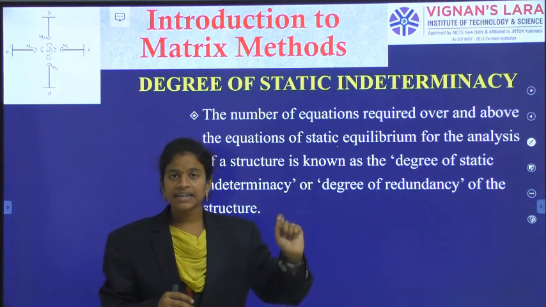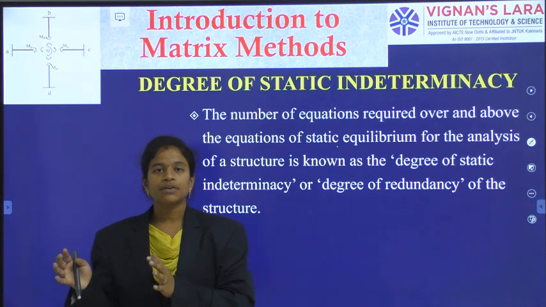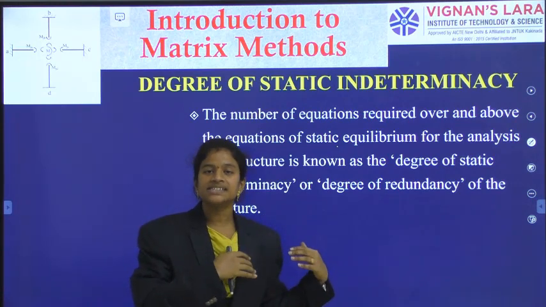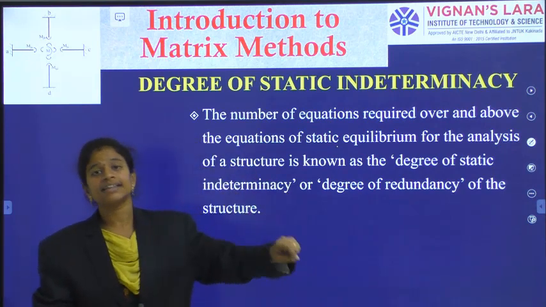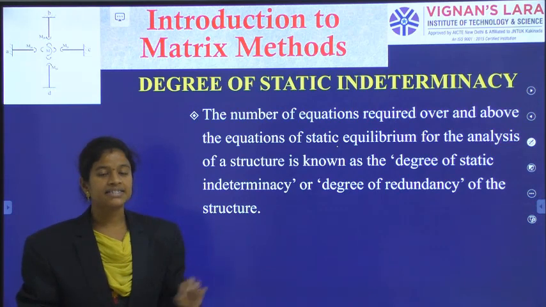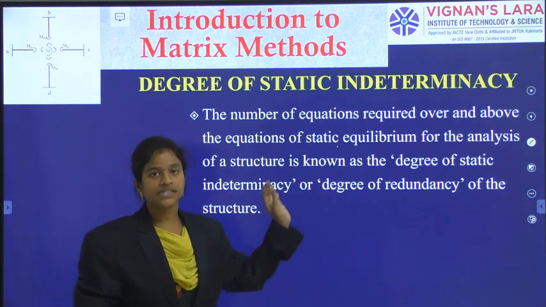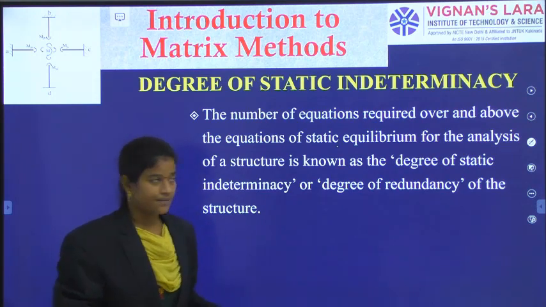So, for calculating each unknown, I need one equation. So, over the equilibrium equations, how many equations required? The number of equations required for calculating the unknowns over the equilibrium equations available can be called as static indeterminacy, degree of static indeterminacy or degree of redundancy of the structure.